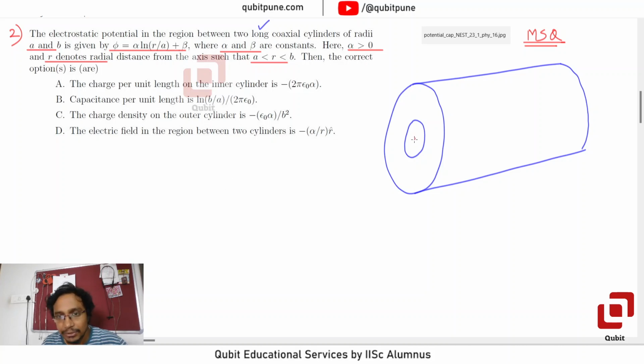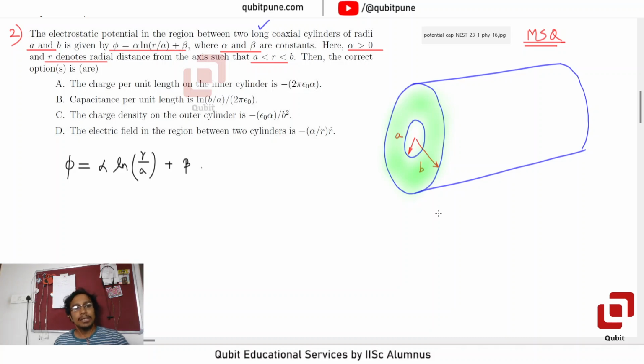Okay, so this is A, this is B. Now we are given the electric potential in the region between two coaxial cylinders, meaning here. Now we can imagine it to be a planar situation. Electrostatic potential is given as alpha ln r by A plus beta.